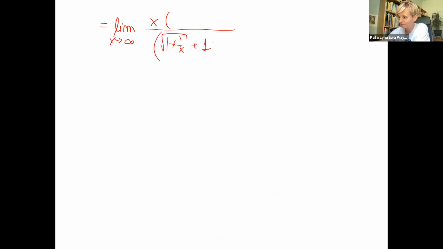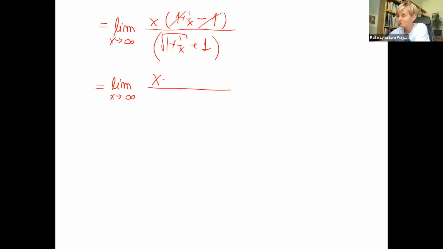Okay. You remember what we had? The limit as x is approaching infinity of x times, this was the square root of 1 plus 1 over x, plus 1. And we square the first quantity, square the second quantity, and minus. It's always helpful remembering about the conjugate.